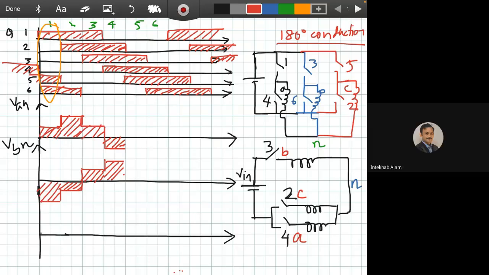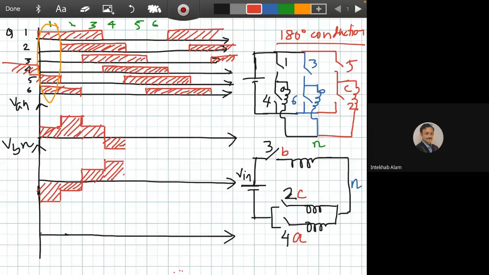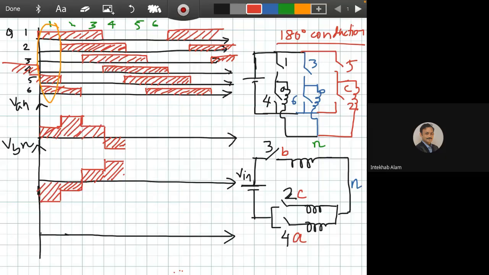Maybe in your next trimester you will be much more vocal. I'm positive that you are now communicating with your friends, colleagues or teachers in English, and you are also trying to answer whether in English or in Bengali. So it's a very positive sign.